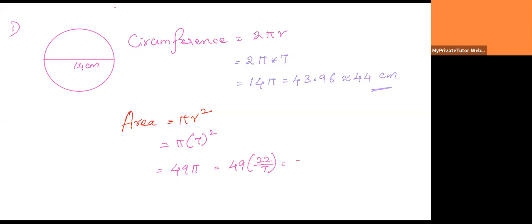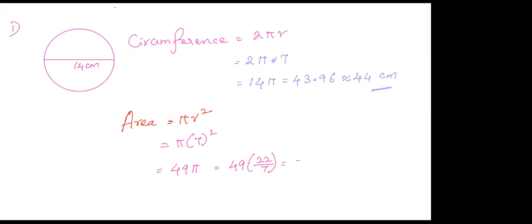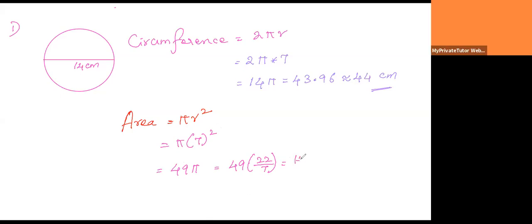So we'll get the answer as approximately 154. I hope you understand why I have written 22 by 7, which is the same as the pi value. So we can use any of these.